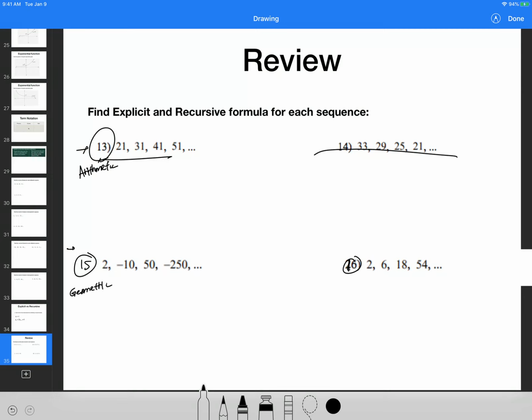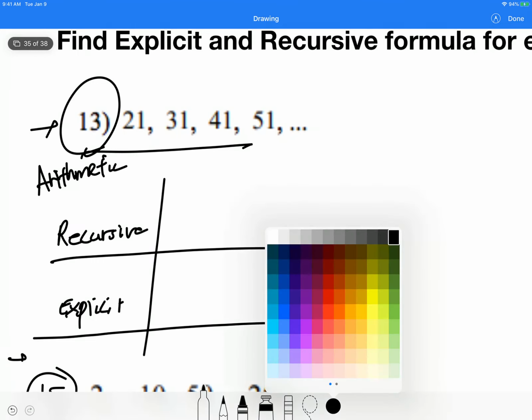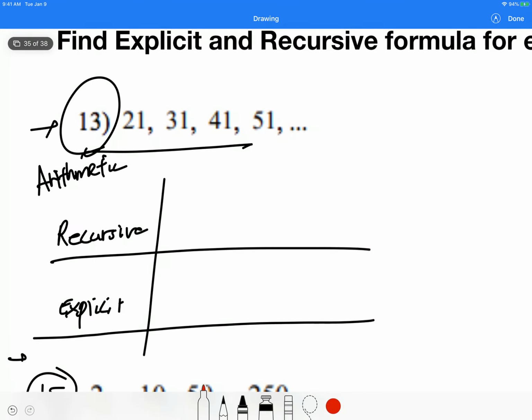What I like to always do is start off with a recursive formula first and then an explicit formula second, or you could do explicit formula first. It really depends on whichever you feel more comfortable with. For the recursive formula, the reason I want to do this first is because it's quite easier for me to do.